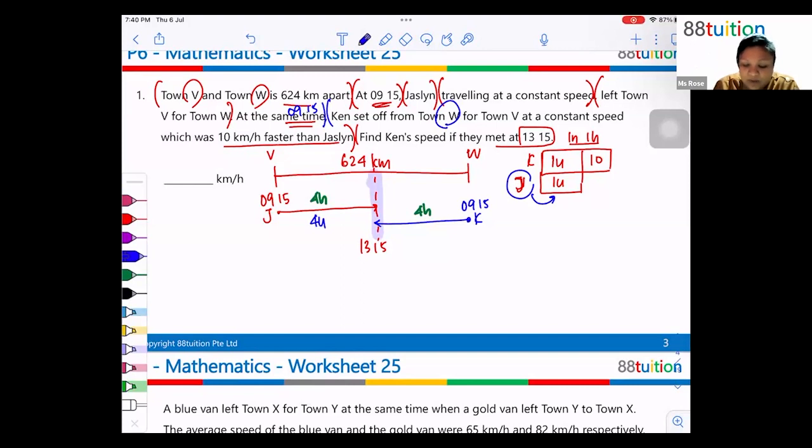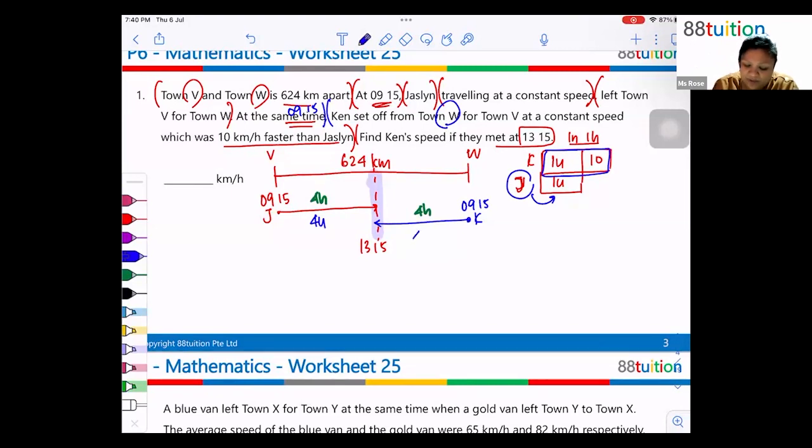Similarly, in 1 hour, Ken covered 1 unit plus 10. So in 4 hours, what is the distance covered by Ken in terms of units? If everyone is so shy, can you answer in the chat, please? Nobody can turn on camera except Pranati and Ryan.